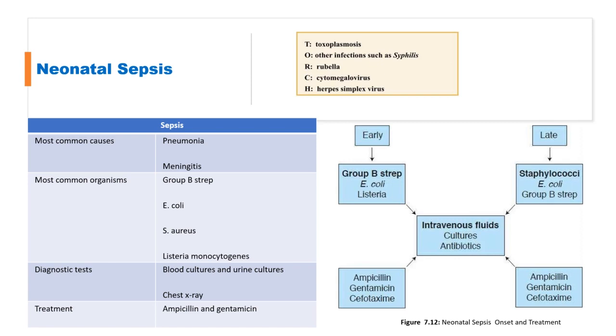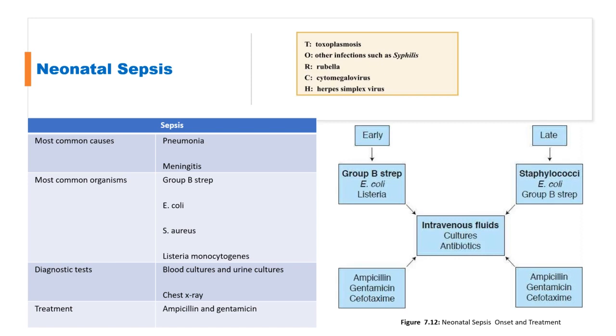And in our figure 7.12, we'll see a protocol on how to treat neonatal sepsis. If it is early onset, it's caused mostly by group B strep, then E. coli and Listeria. We need to give IV fluids, cultures, and antibiotics, and treatment with ampicillin, gentamicin, and cefotaxime.